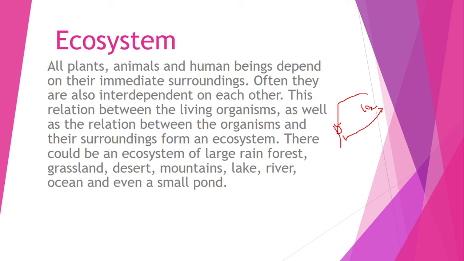An ecosystem can exist anywhere: forest, rainforest, grassland, mountains, lake, river, ocean, even a small pond. In my neighboring park there is a small pond, a lake. There will be 4 or 5 small ducks. They depend upon the insects which are on the water. They eat the insects and live.